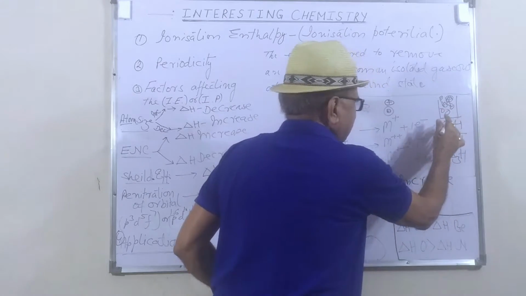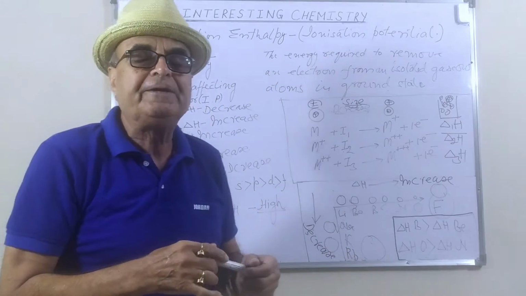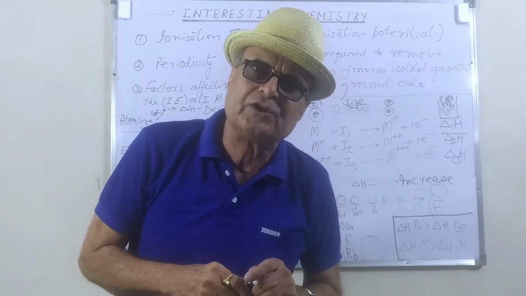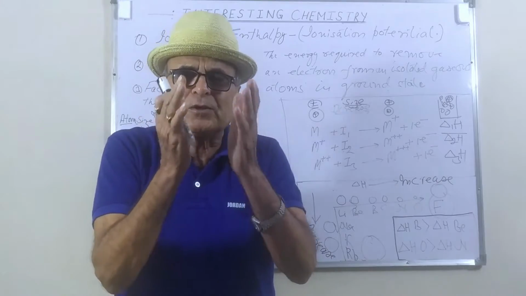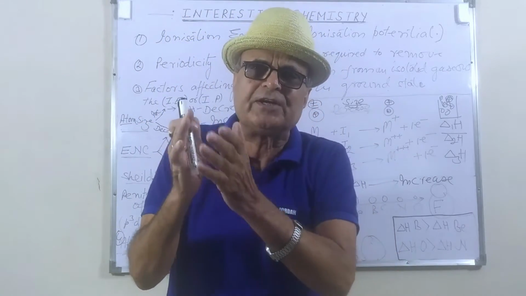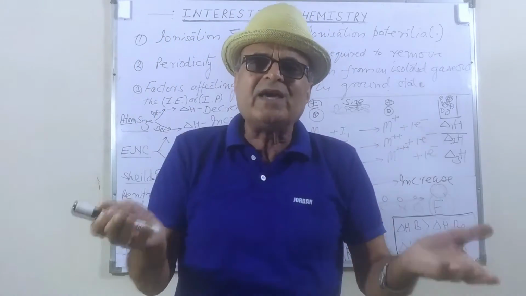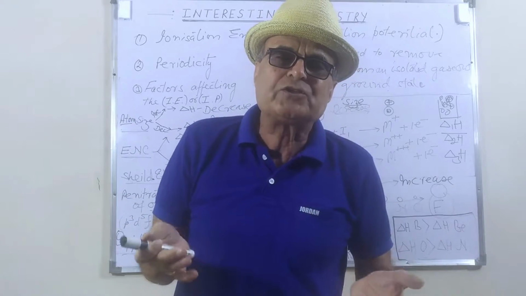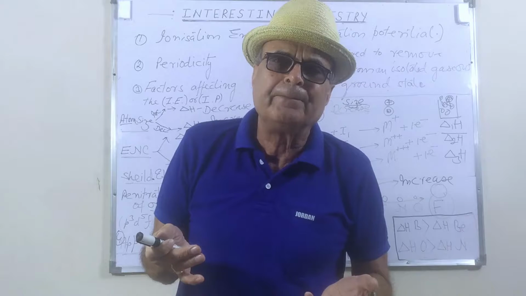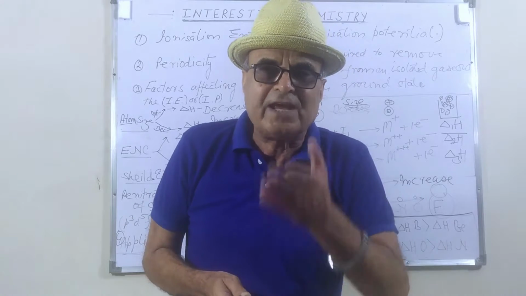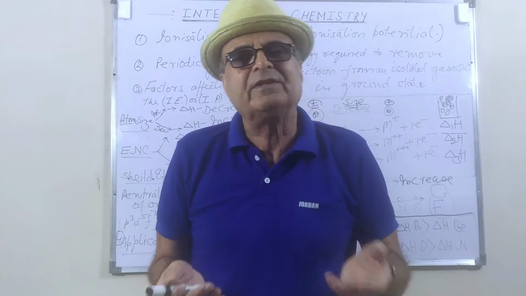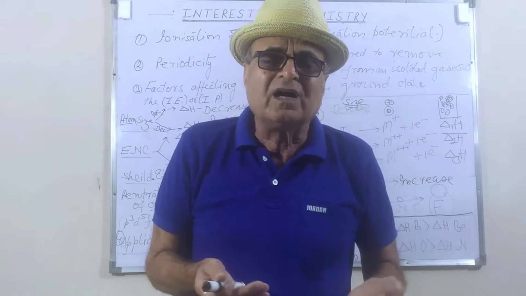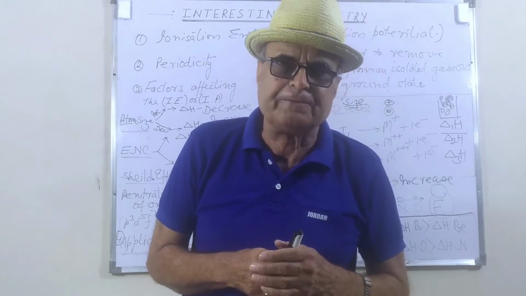I think you have understood about delta 1H, delta 2H and delta 3H. On removal of the subsequent electrons, first, second and third, you will require some energy to remove the electron from the isolated gaseous atom in the ground state. That energy is called the ionization enthalpy or the ionization potential.